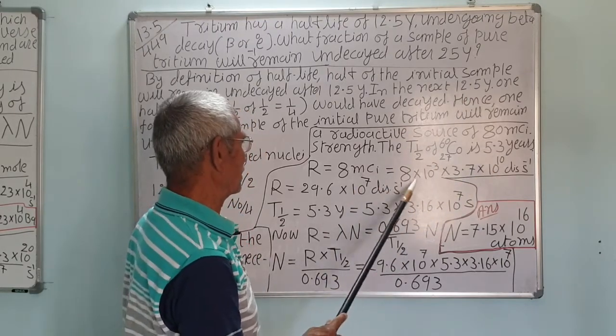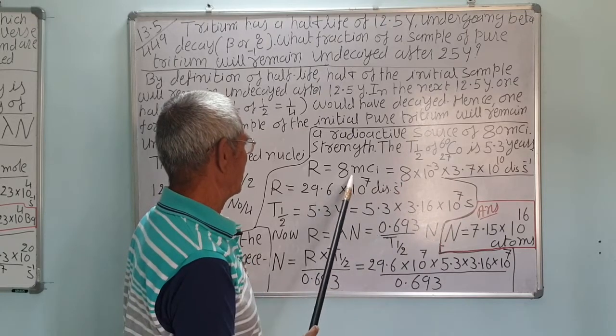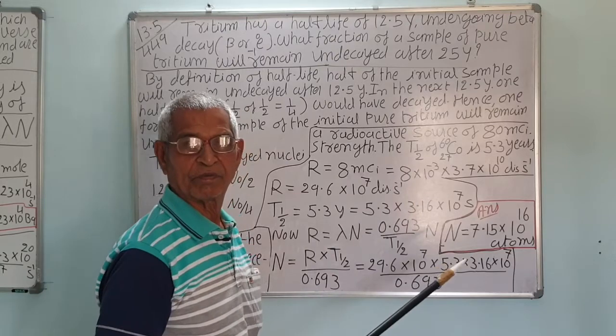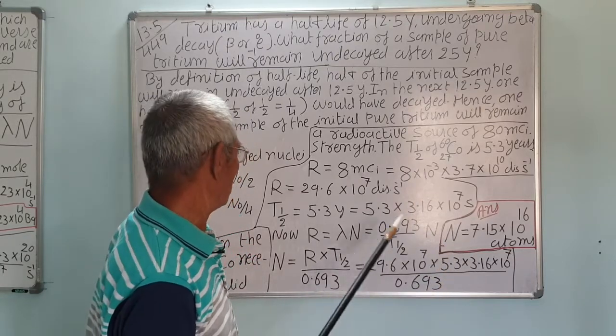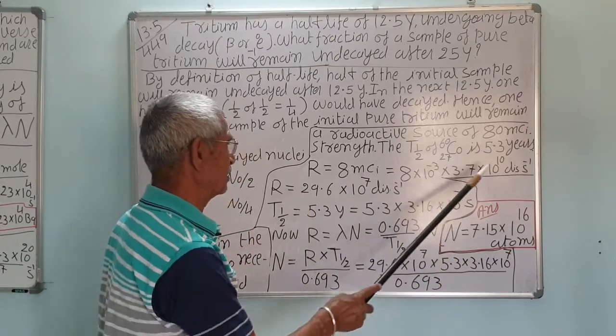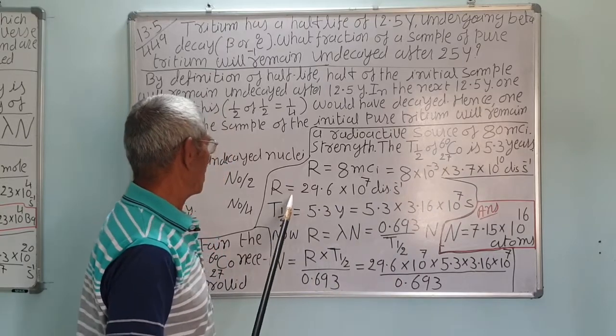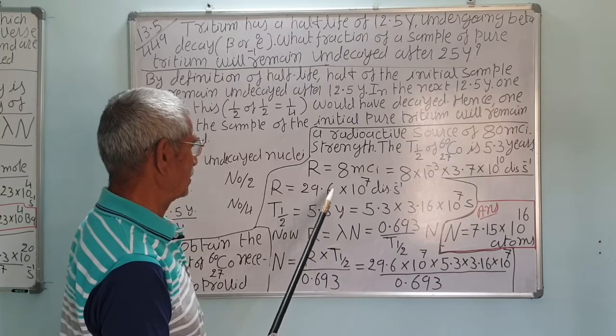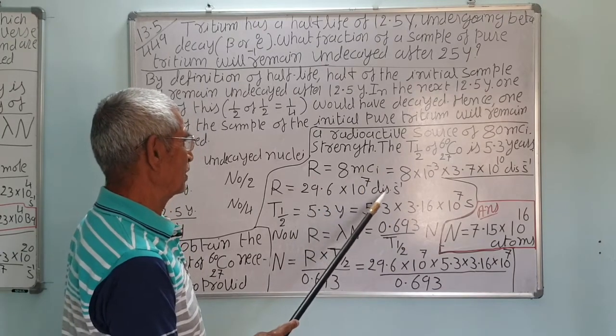So the total disintegration per second will be 8 into 10 raised to minus 3 into 3.7 into 10 raised to 10 per second. So R is equal to, this calculation comes to 29.6 into 10 raised to 7 disintegrations per second.